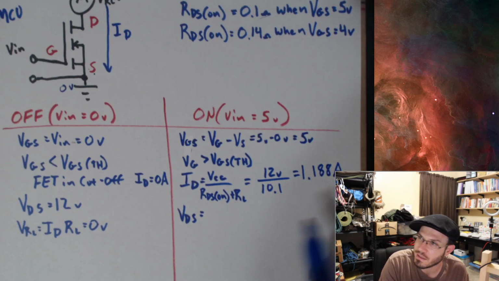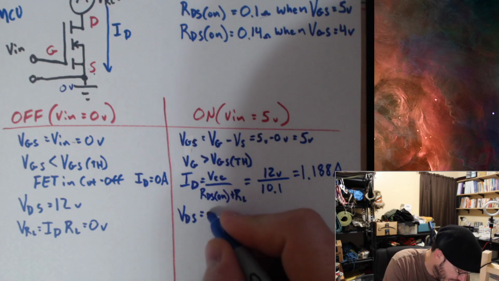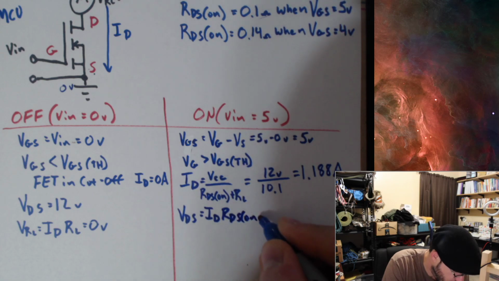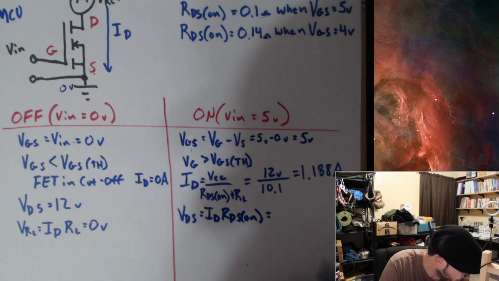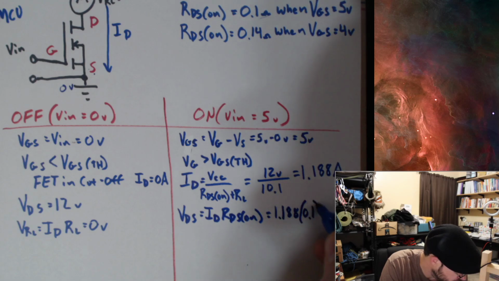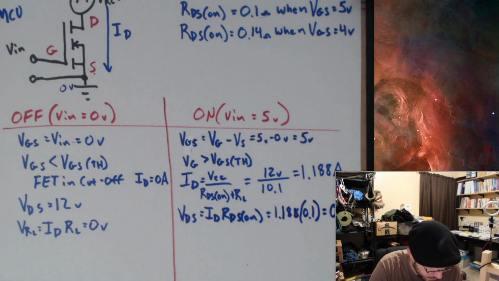So VDS is going to be equal to ID times RDS on, which ends up being equal to 1.188 times 0.1, which equals 0.119 volts.